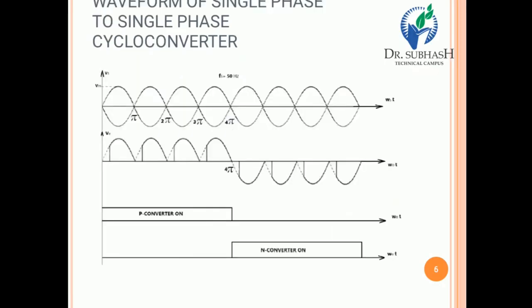So this is the waveform of the single phase cycloconverter. In the first case, that is our input voltage waveform, the positive half cycle and the negative half cycle.